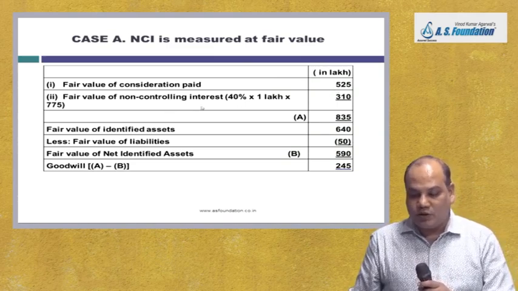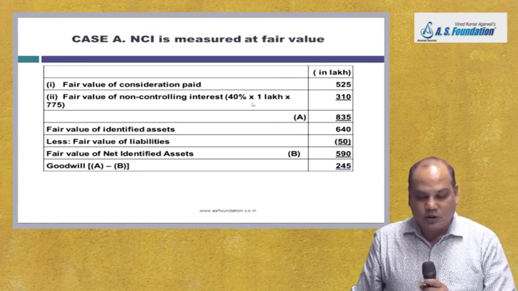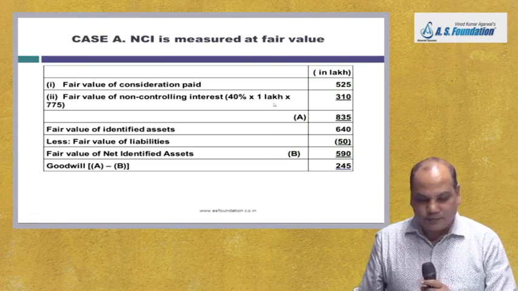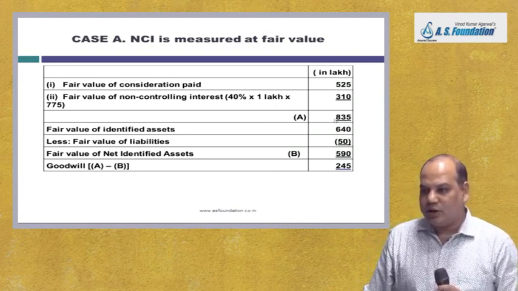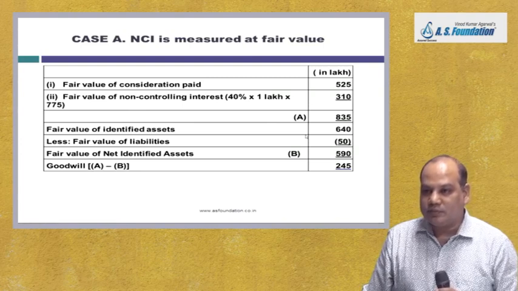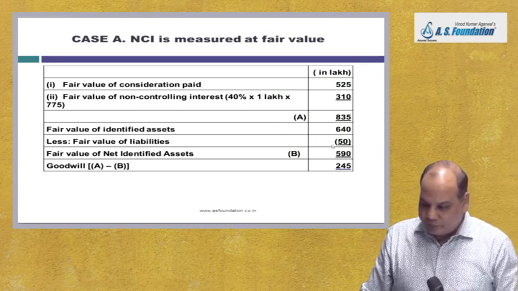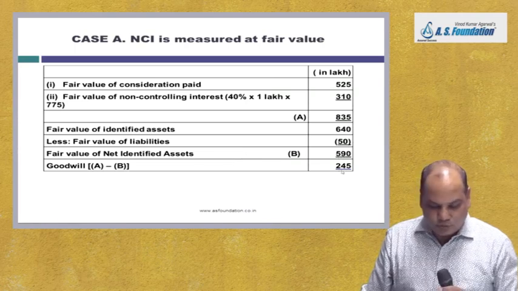Fair value of NCI: if you are taking fair value, take 40% into 1 lakh into rupees 775, 310. Take total 835. Fair value of identifiable net asset: 640 less liability 50, identifiable net asset 590, therefore goodwill 245.